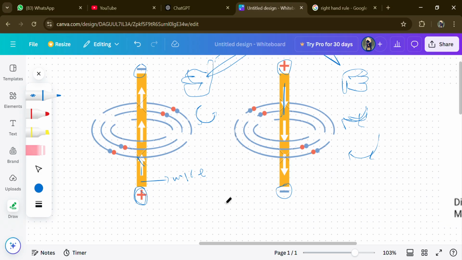Now one more concept I really want to mention is that whenever the current is moving upwards, the field is always anti-clockwise, and otherwise clockwise. If you're unsure what anti-clockwise is, just look at the watch or the clock hanging on your wall. In what direction does your needle move?